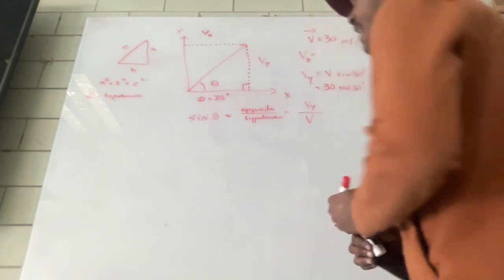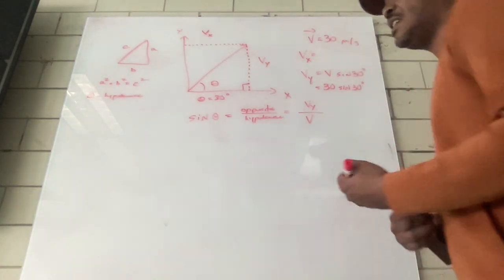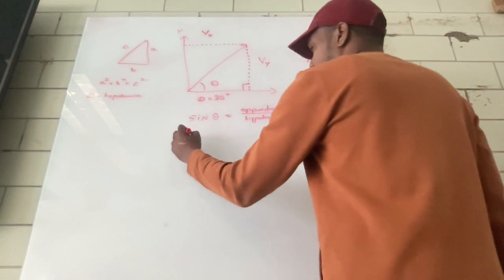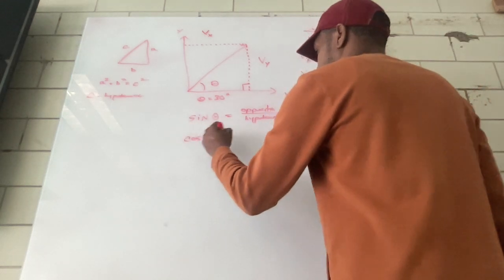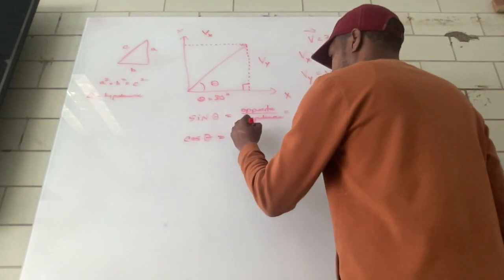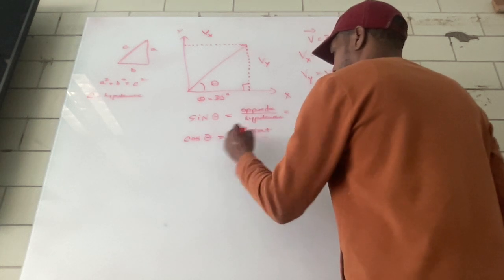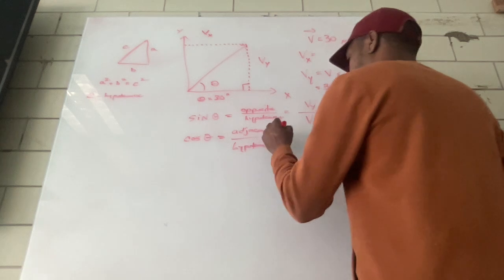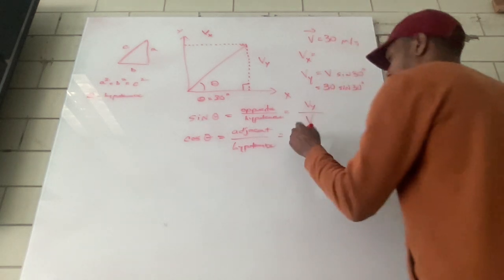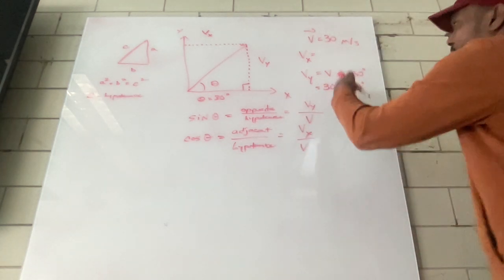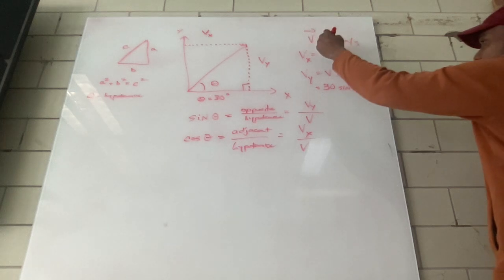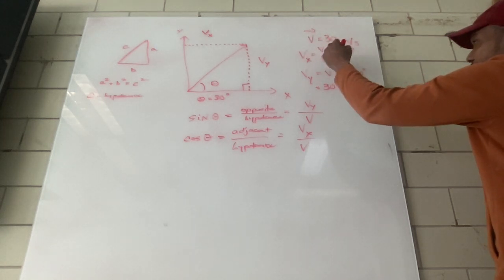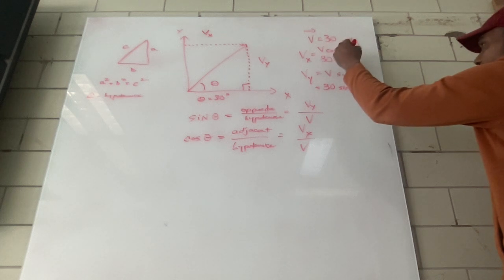A and B are sides of the triangle, C is the hypotenuse. And so the cosine of 30 is equal to adjacent over hypotenuse, and that's Vx over V. So that would be V times cosine 30 degrees, which is 30 times cosine 30 degrees.